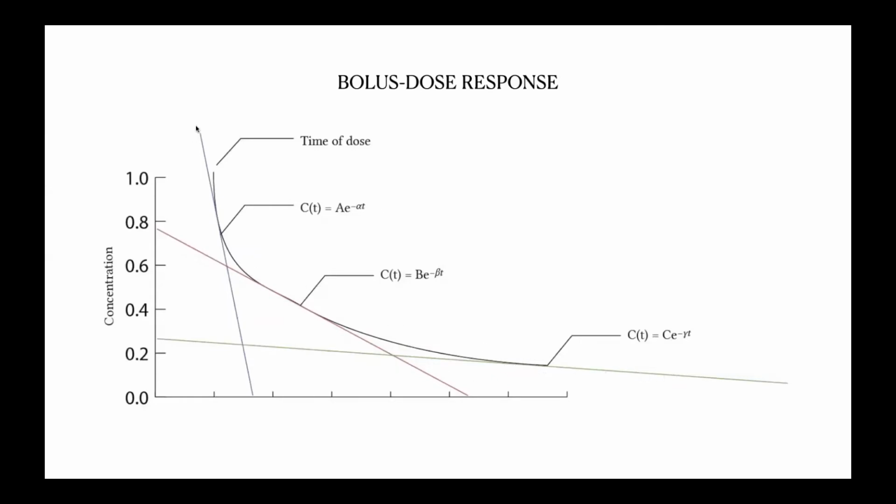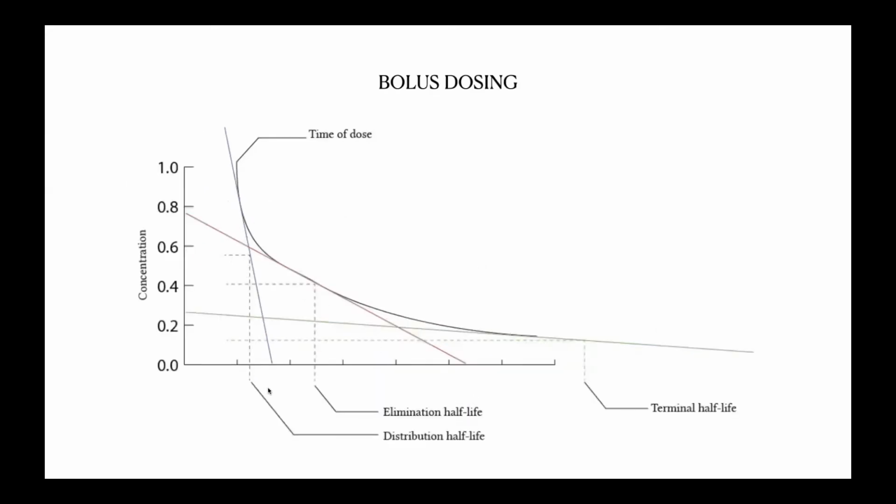So they're getting the rate of change. So this is the rate of change for A. This is the rate of change for B. And this is the rate of change for the exponential function of C. Okay. And then this is what they represent: the distribution, elimination, and the terminal half-life.